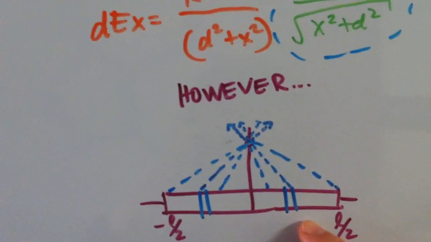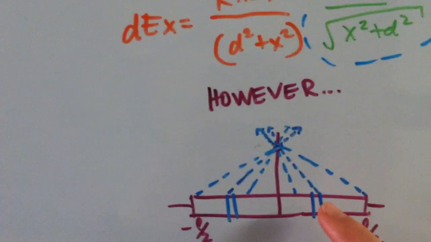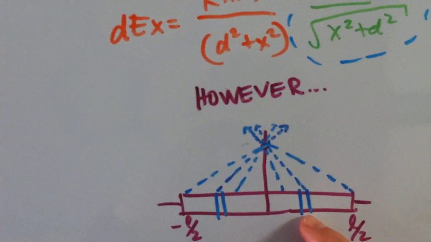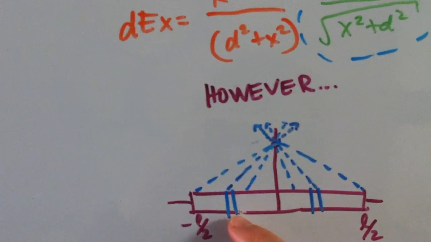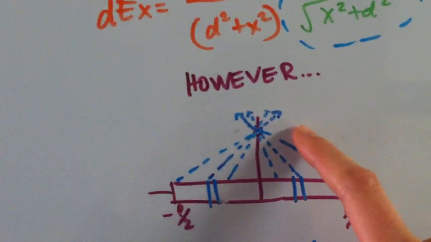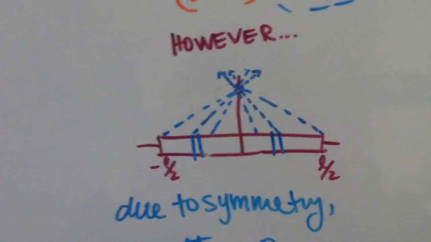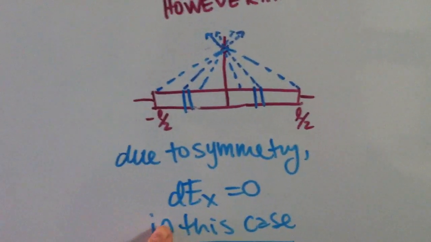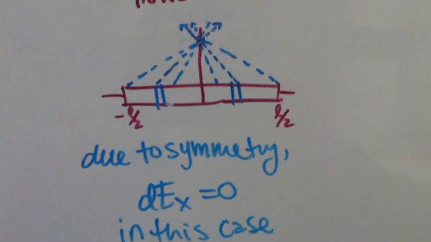Because it's symmetrical, and because the charge density is all the same, each section of the rod over here is going to match a section of the rod over here, and they will contribute equal and opposite contributions to the electric field in the x direction, and therefore due to symmetry the actual dEx is 0 in this case.